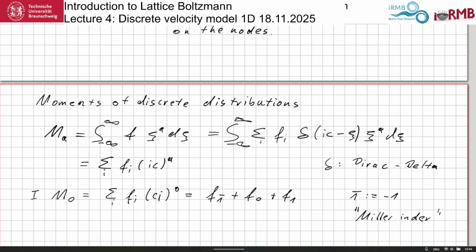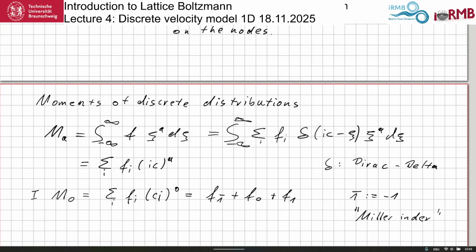I don't know how much responsibility I carry for using this in Lattice Boltzmann. I think somebody else also used this independently, but for me this was very natural because I'm a semiconductor engineer.